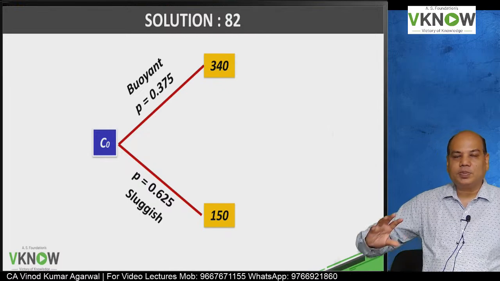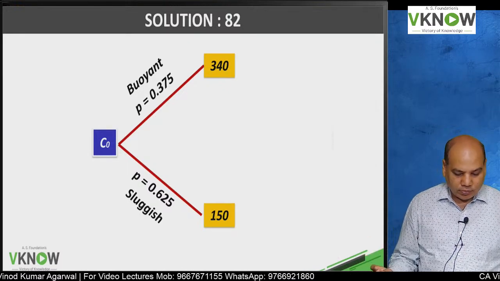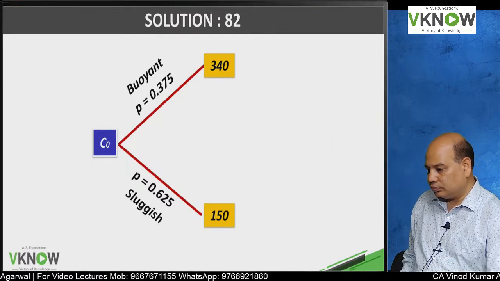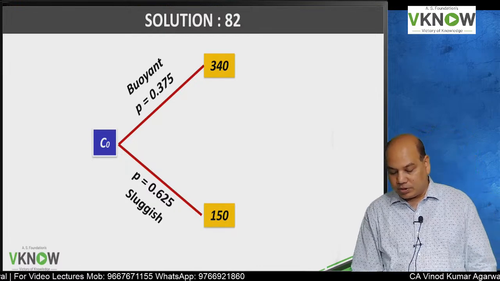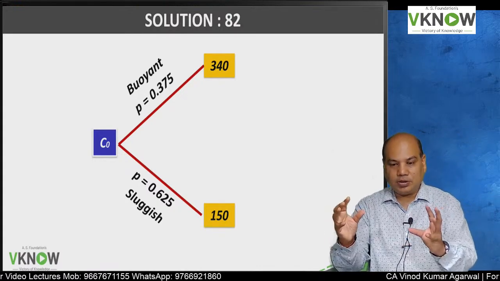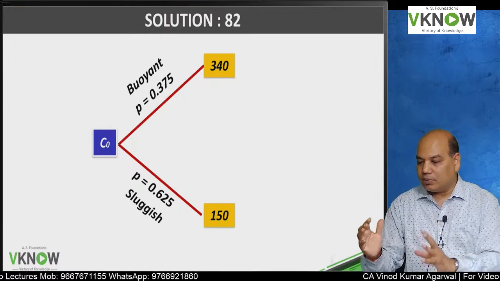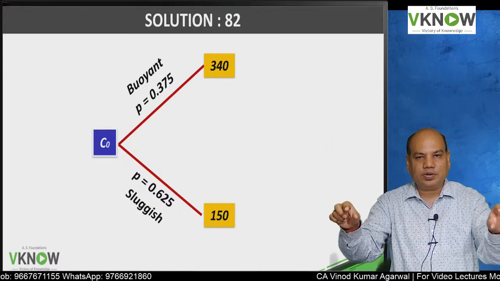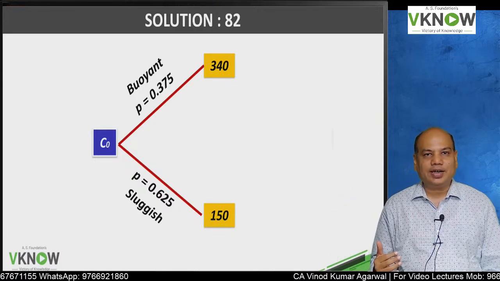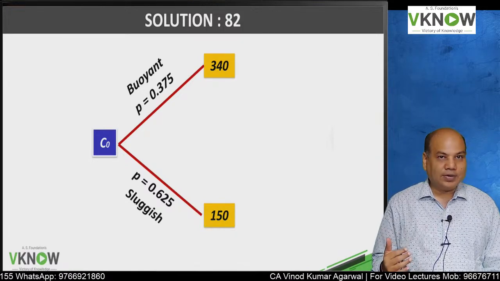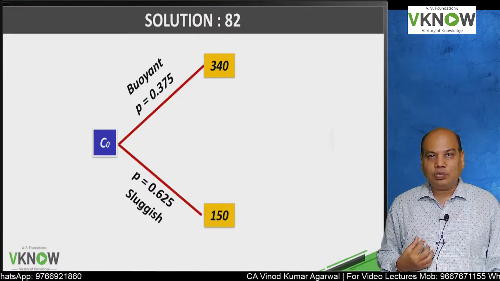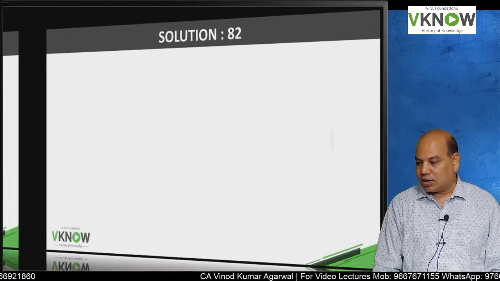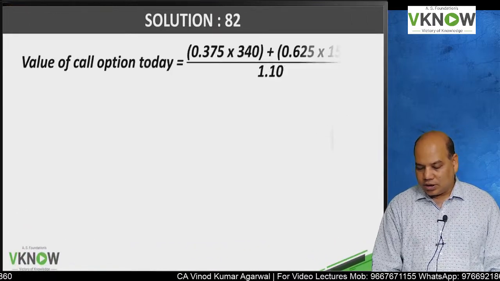Can I now find the expected NPV after 1 year? Yes, by multiplying 340 into 0.375 plus 150 into 0.625. Divide by 1.10 to get the present value today, which I can compare with the first answer, construct now, and then take a decision.